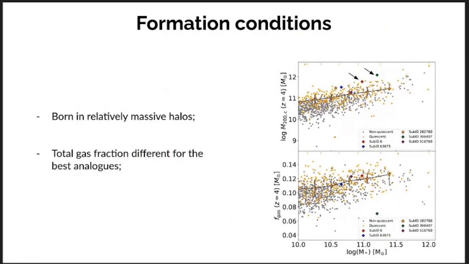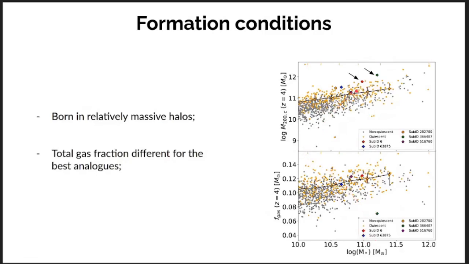We also look briefly at the formation conditions of these objects. We look at the halo mass in which this galaxy is born, at redshift 4, sorry, and the gas fraction. And we can see that both best analogues are born in relatively massive halos when compared with quiescent galaxies of the same mass at redshift 0.